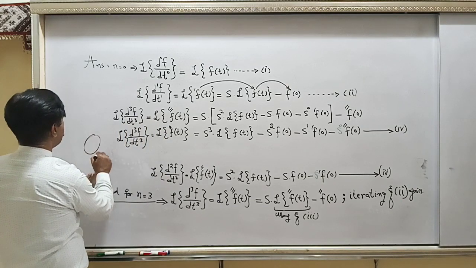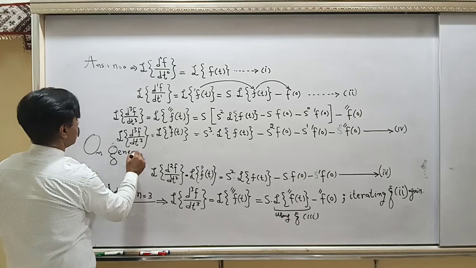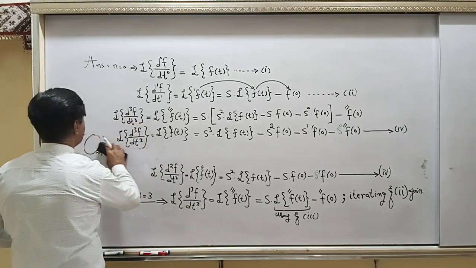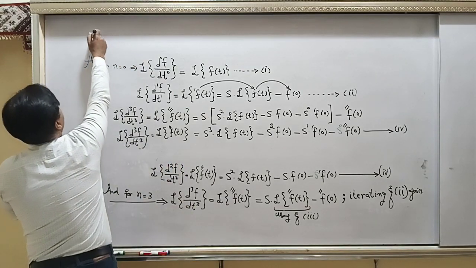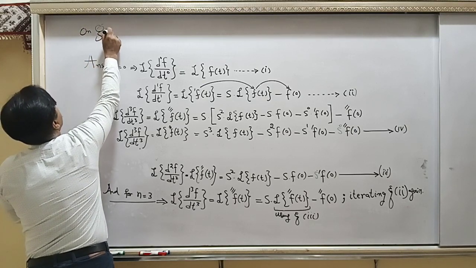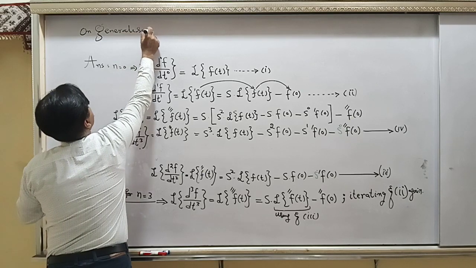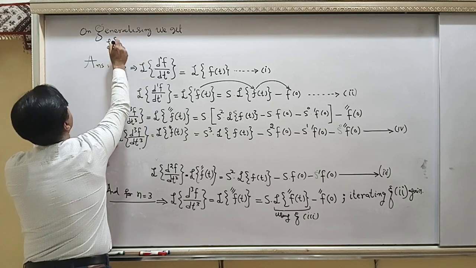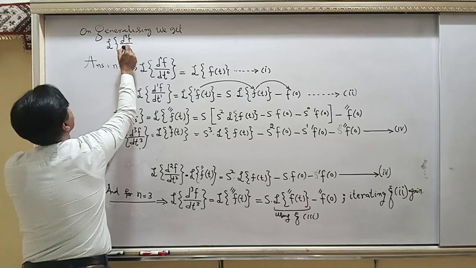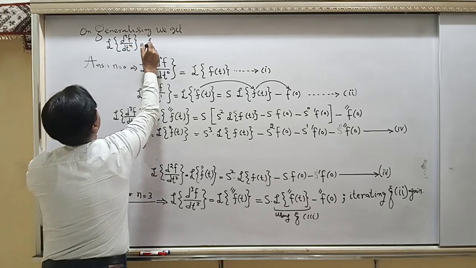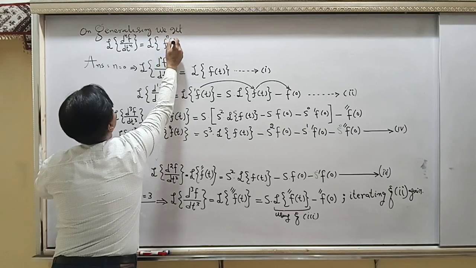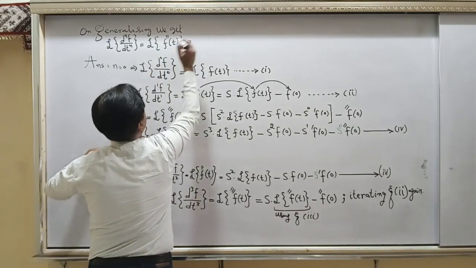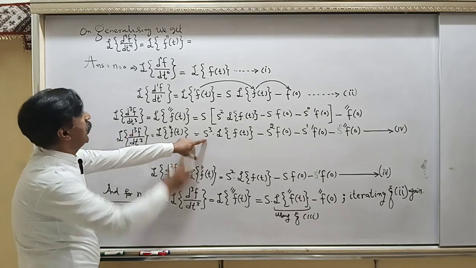On generalizing, we get, here you go, L of d^n f by dt^n, that means L of f^(n)(t), this n for nth derivative, and this is equal to, for the third derivative, s cube, as I have explained.